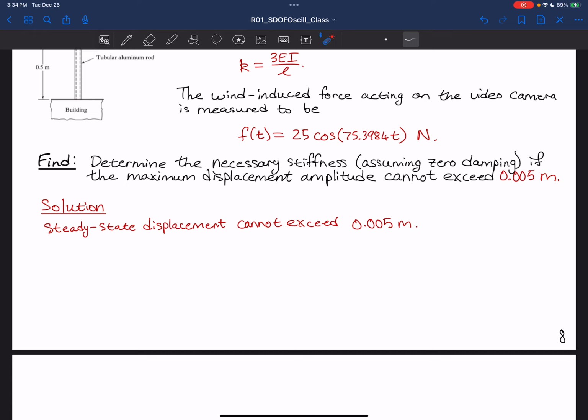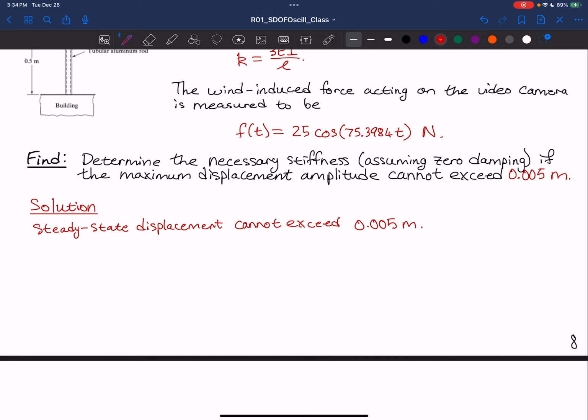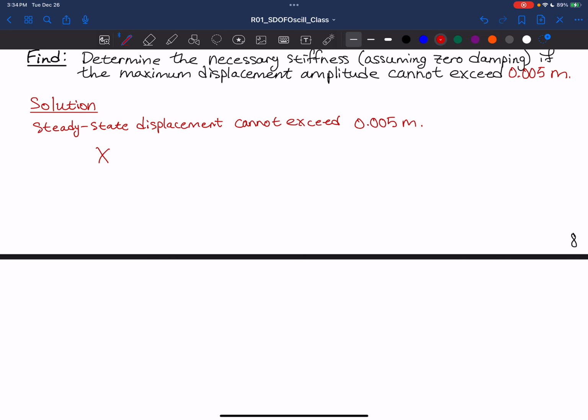All right, so what that means is that we need to write out what our steady state displacement amplitude is. That's big X is equal to the force F divided by omega times the square root of b squared plus the quantity K divided by omega minus m omega, that quantity squared.